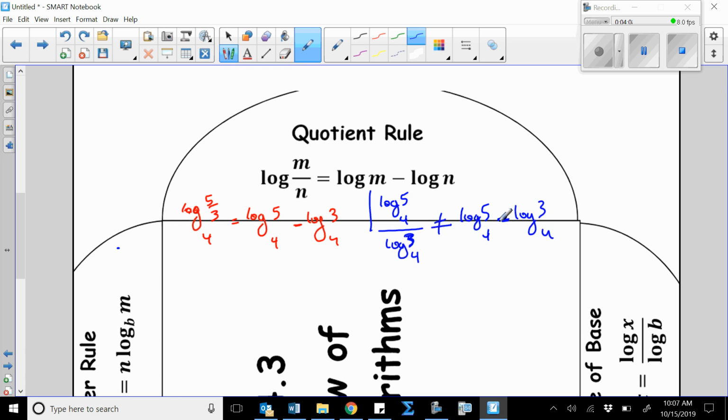This cannot be true. So you should always be careful that you have the log of a quotient of two terms, not the quotient of two logs.